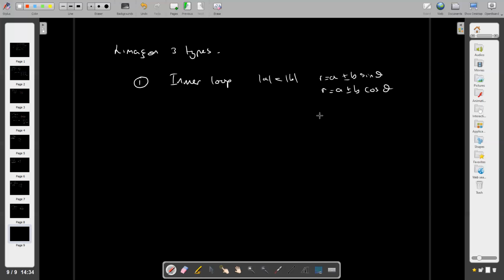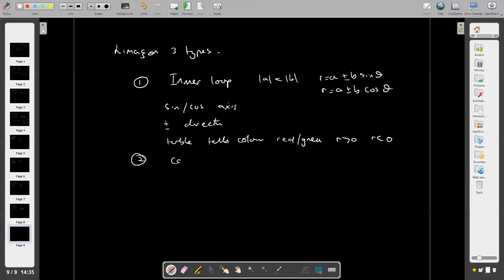The sine or cos is the axis. The plus or minus is the direction. The table tells you the color. So is it red or green? Or more precisely, R greater than 0, R less than 0.